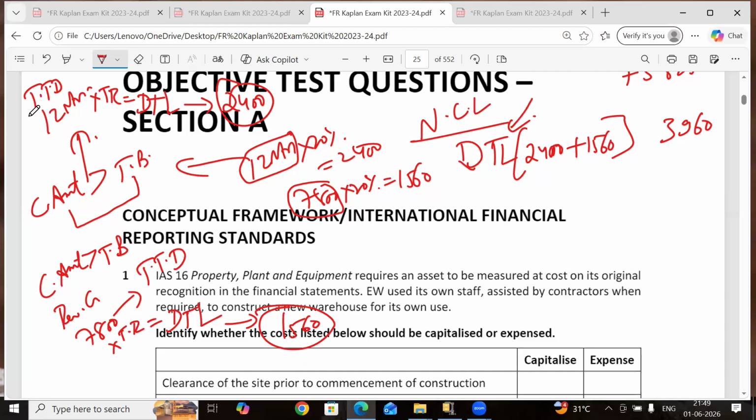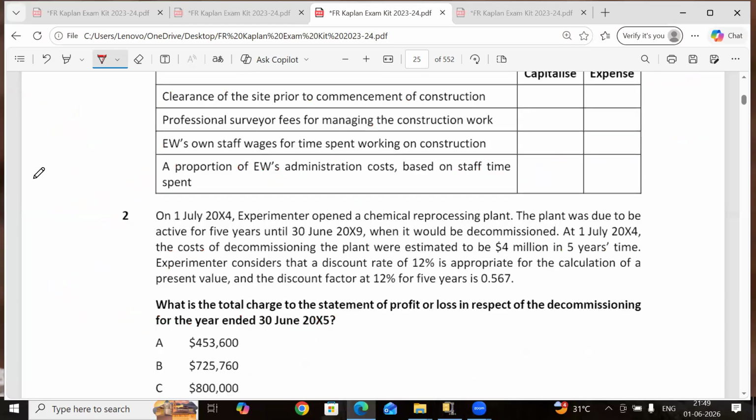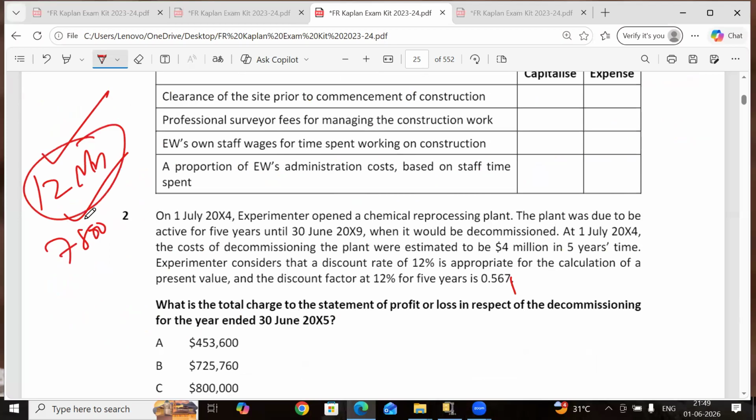Taxable temporary differences. These two amounts, 12 million and 7,800, are taxable temporary differences. This was the root cause, and it created the deferred tax liability. Both we have taken.